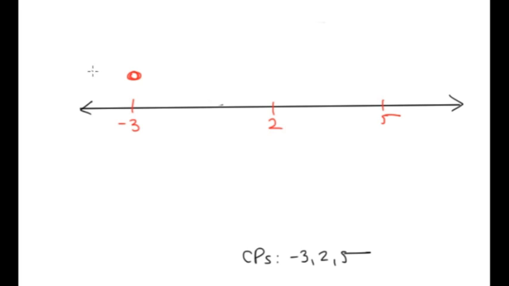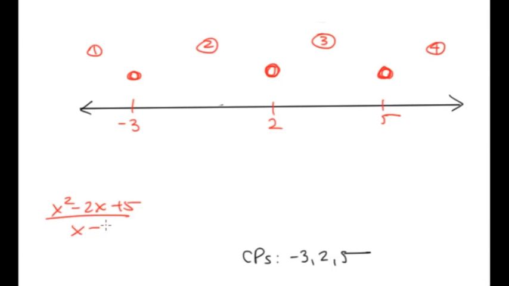One section here, one section here, one section here, one section here. We need to set up 4 different test points, and that can be a pain, but it's not that bad. You just need to plug in four numbers and see if the inequality given, x squared minus 2x minus 15 over x minus 2 less than 0, is true or false.